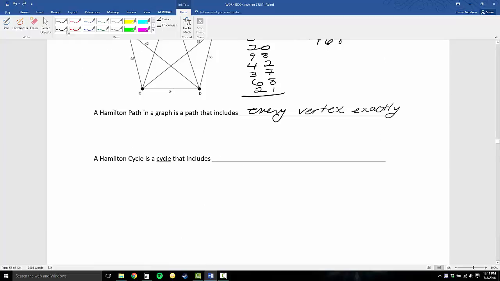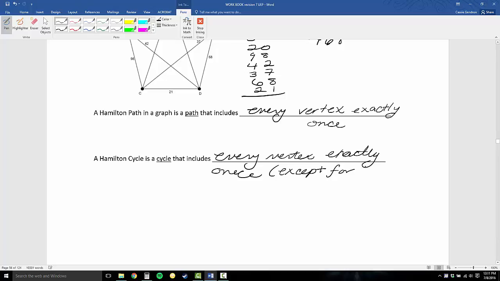A Hamilton cycle is a cycle that includes every vertex exactly once, except for the start and stop, because the start and stop is going to be repeated.